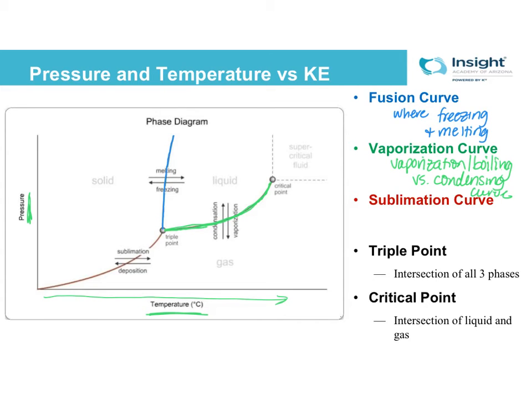The last thing is that some substances have the ability to skip the liquid phase, and we call that sublimation or deposition. That's this sublimation curve. This is where things can go straight from gas to solid or from solid to gas, completely skipping liquid.